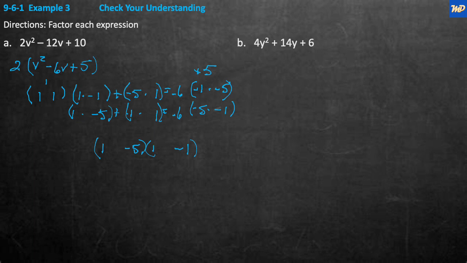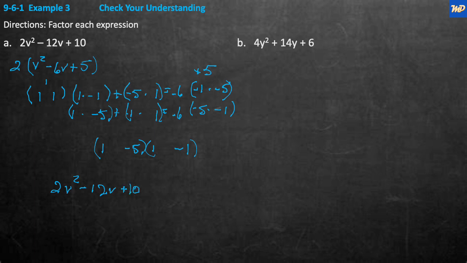Okay? So that's it, except for rewriting the original trinomial. So it's going to have the 2 in it this time. So it's going to be 2v squared, plus 10. You must do this to prove that you've got the same answer, that you got the answer correct.